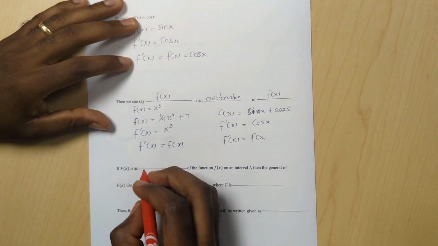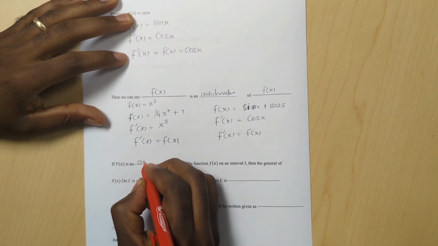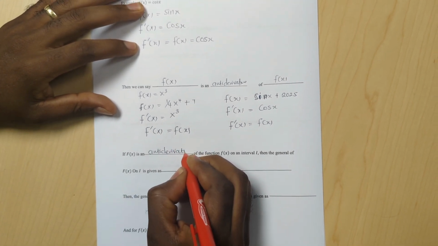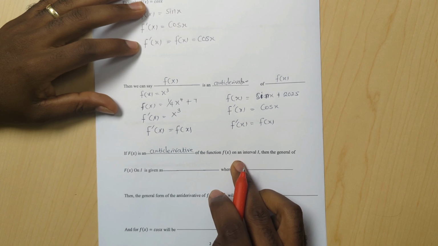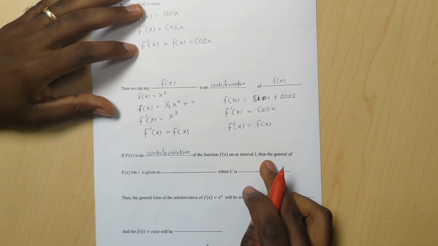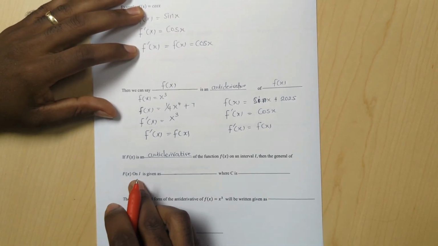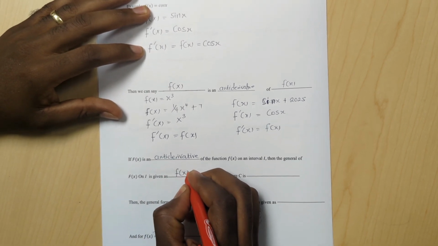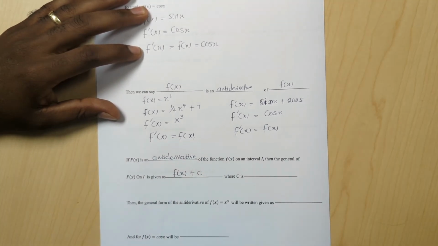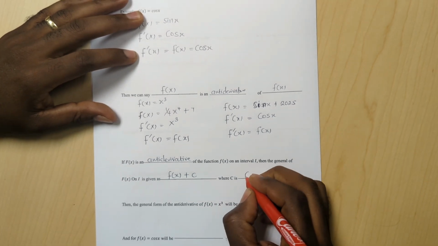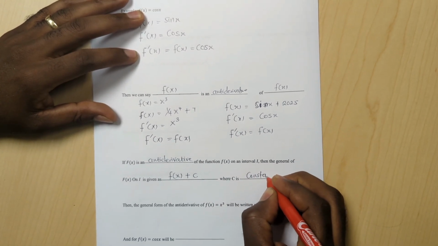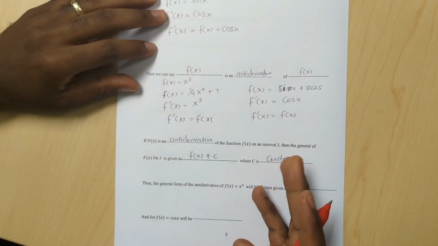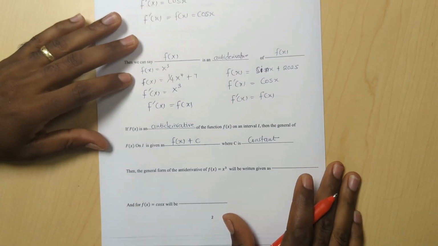So if capital F of x is an antiderivative of a function f of x on the interval I, then the general form of the antiderivative of f of x on I is capital F of x plus the constant c, where c is a constant. C is always a constant. So if it is a constant, then when we differentiate it, we'll get the function back. So take notice of that.